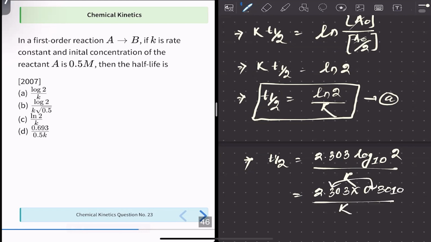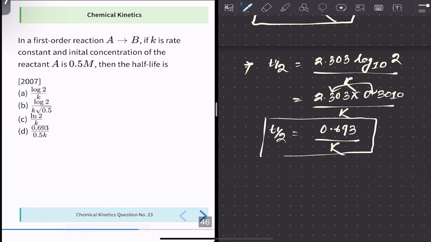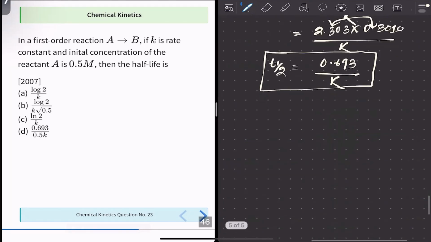This value is 0.69. The multiplication product will be 0.69 divided by... So here you learned the derivation also. Okay. So let's move on to next question.